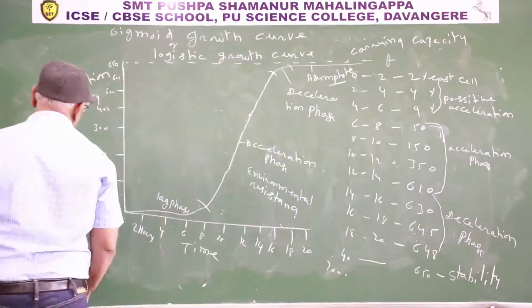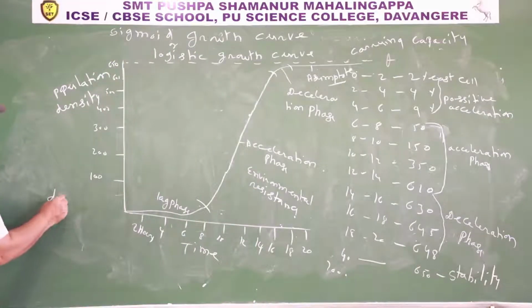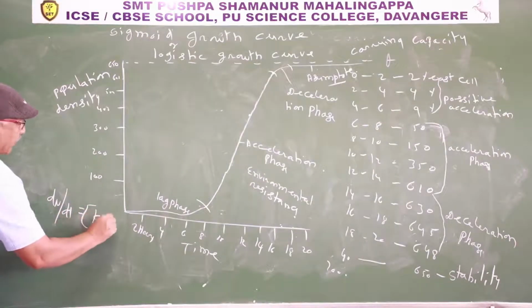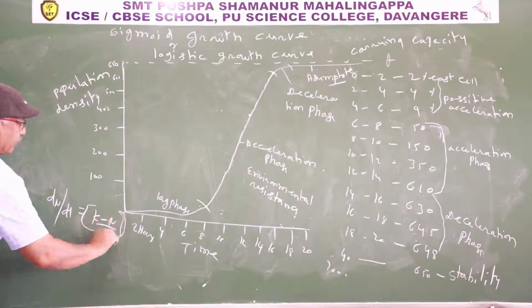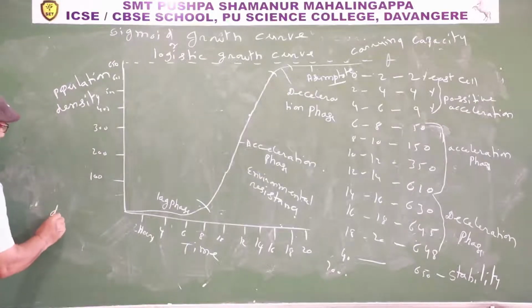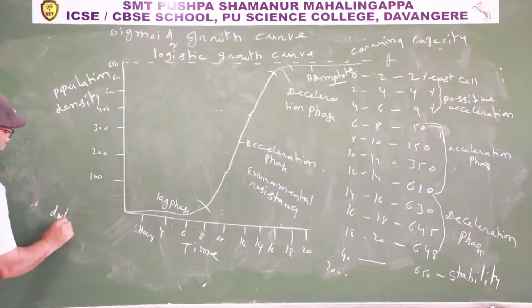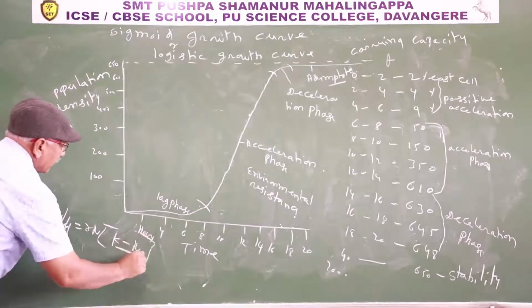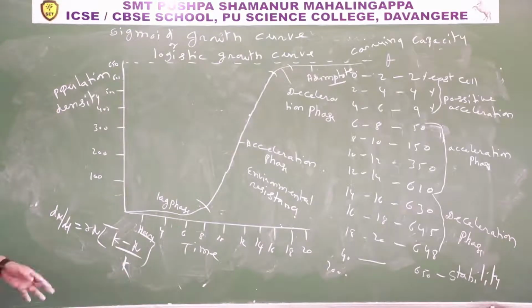So the formula is dN/dt = rN (K - N)/K. What is K? K means carrying capacity.